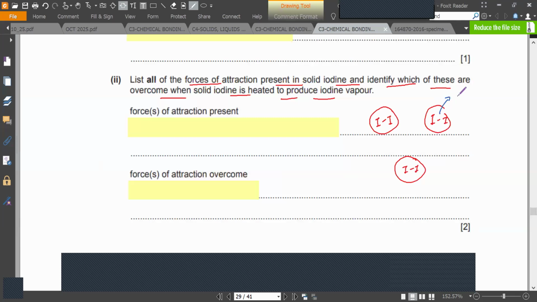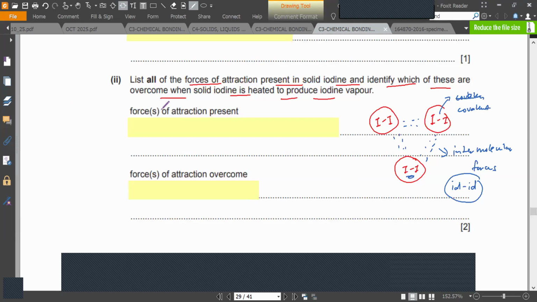It has the covalent bond, and it also has the intermolecular forces. The intermolecular forces are only instantaneous dipole-induced dipole, because it is non-polar.